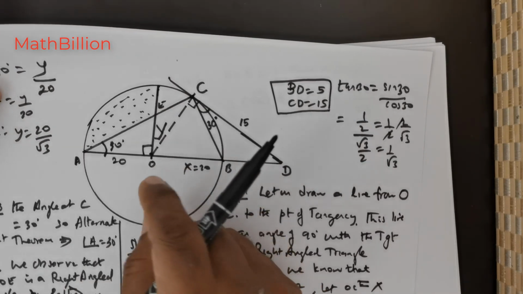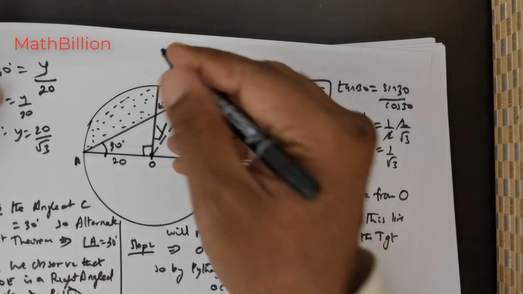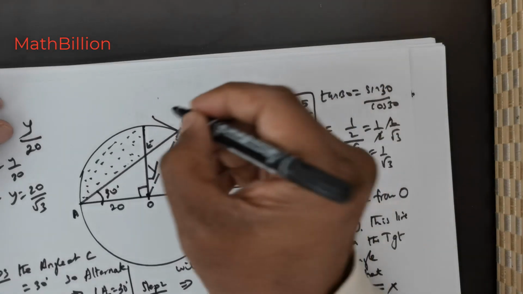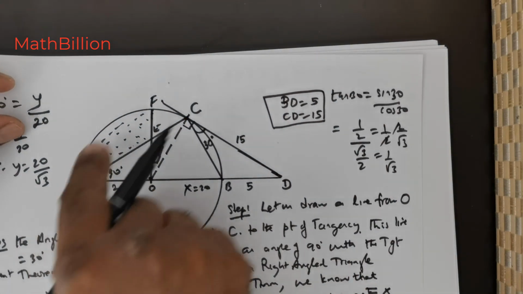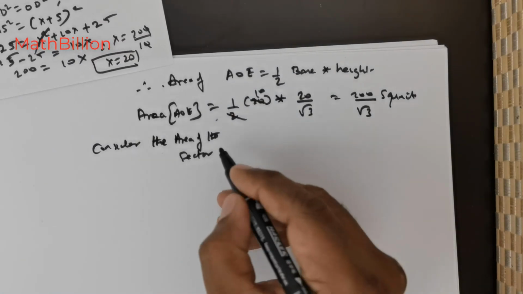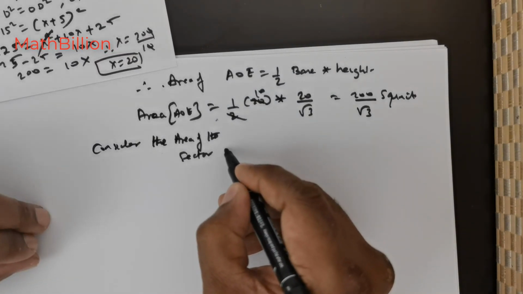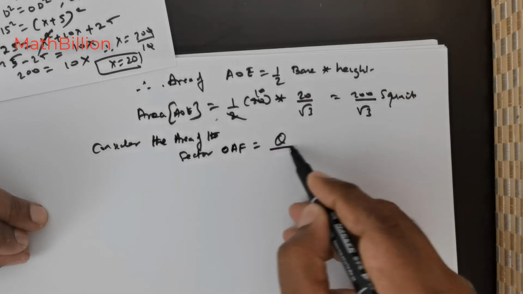I'm going to consider sector OA. Let this point be some F, right? OAF. So this region I'm considering, the area of the sector OAF.